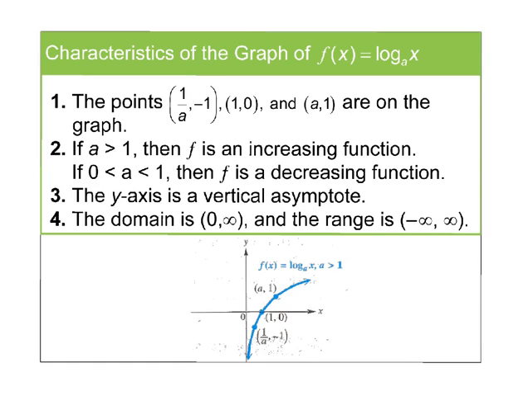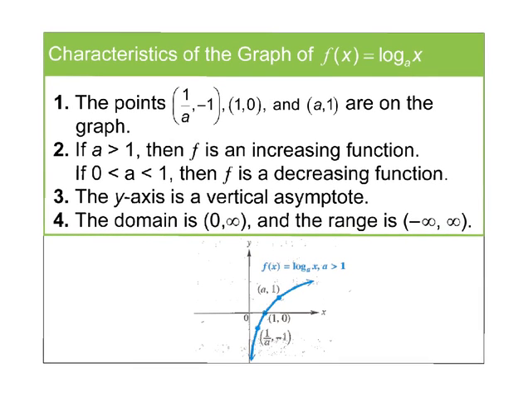If we compare it back to the function y equals a to the x, the characteristics from that graph, remember, our points were pretty much the same thing except they were interchanged with each other for this a to the x function. So that's how you're going to graph the logarithmic function: like I said, use the equivalent form of its exponential form.